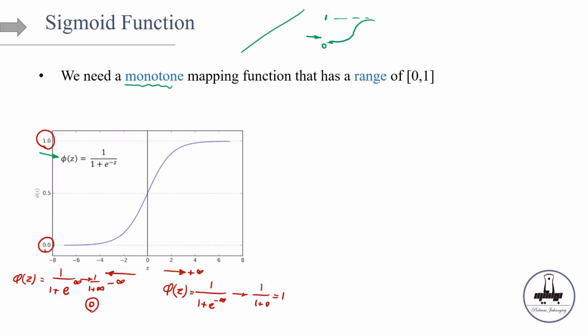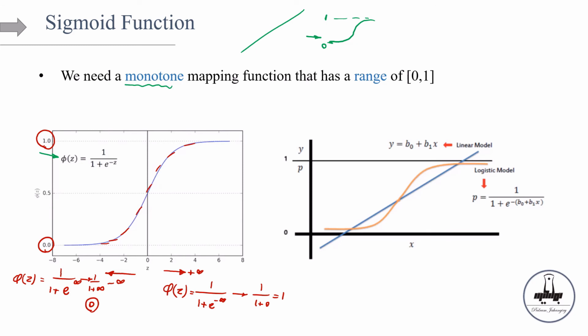So it seems that yes, this sigmoid function is strictly increasing. If I take the derivative, it's going to be always positive, right? And the range is between 0 and 1. Now we're going to use this mapping function and apply it to our linear regression model. At the end of the day, we will end up with what we call logistic regression.